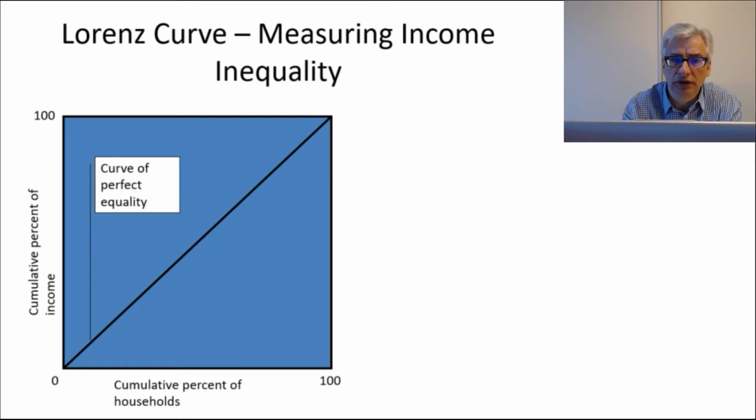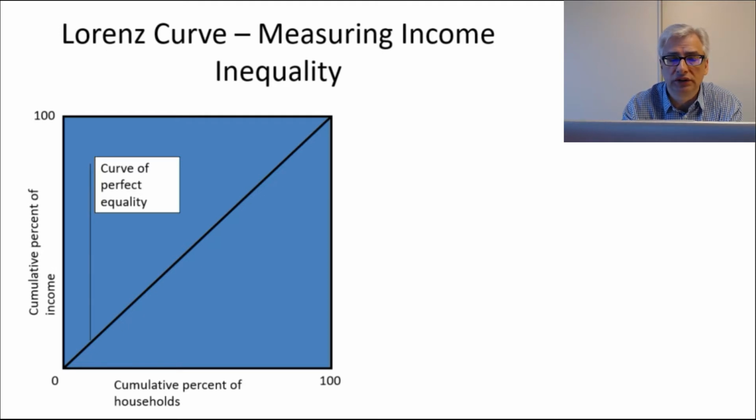So the whole income goes to the one single household, and the rest of households get nothing. That would be the most unequal income distribution. That would be perfectly unequal.